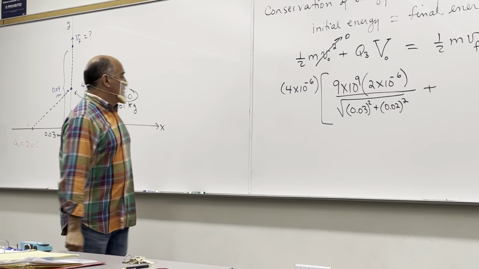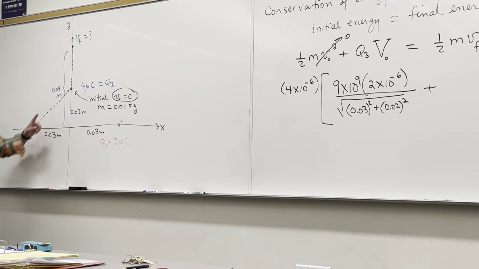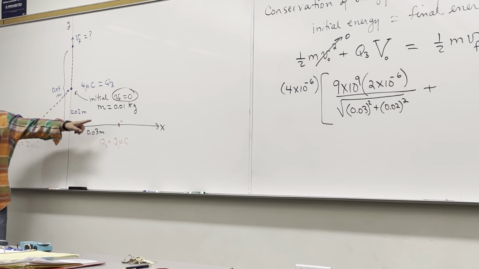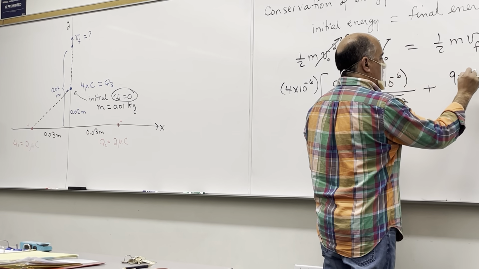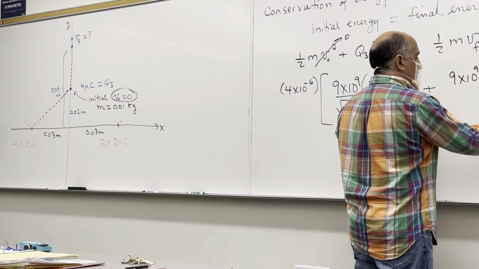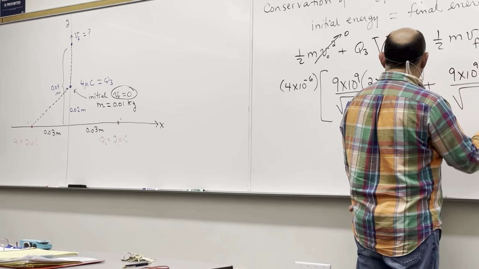Plus, that's the potential at this point due to this charge. Now, what is the potential at that point due to the other charge? KQ2 over R2, which is going to turn out to be the same thing, right? 9 from symmetry. It's the same charge, and it's the same distance.